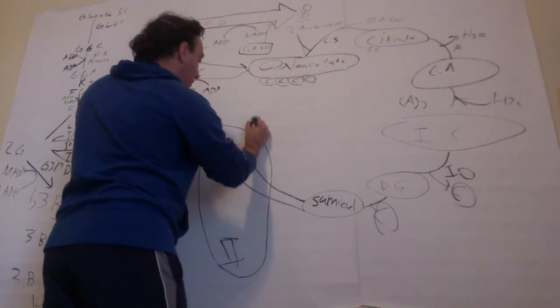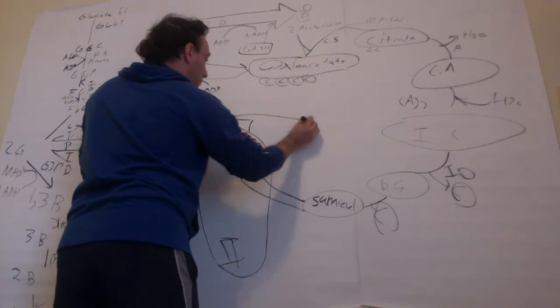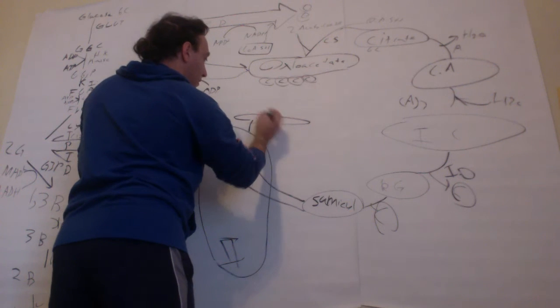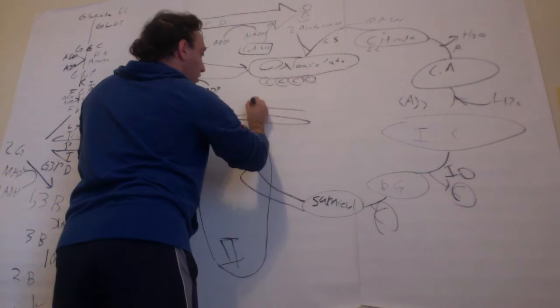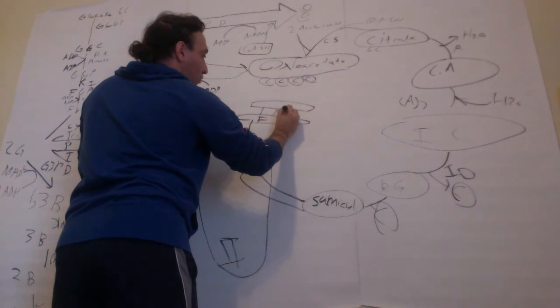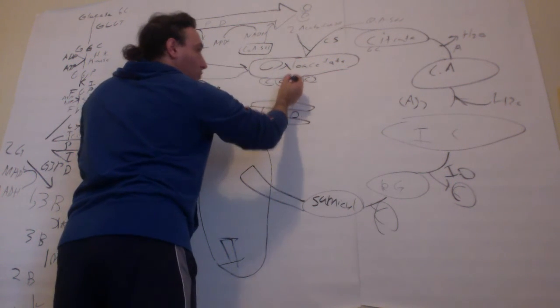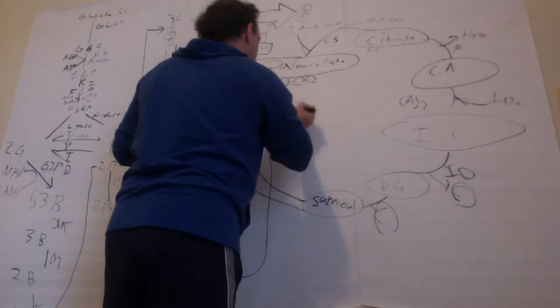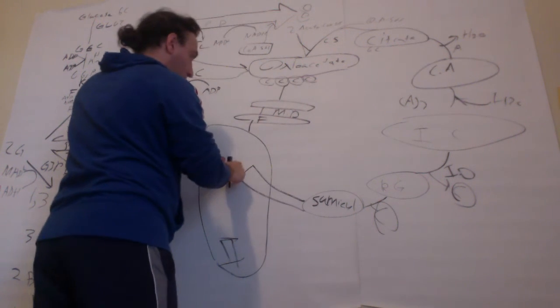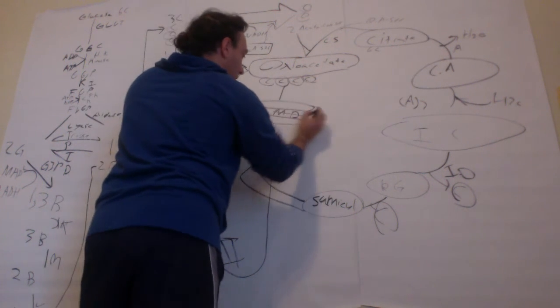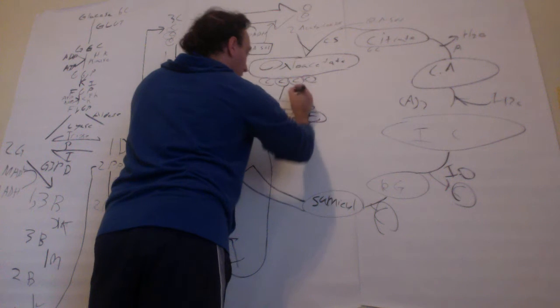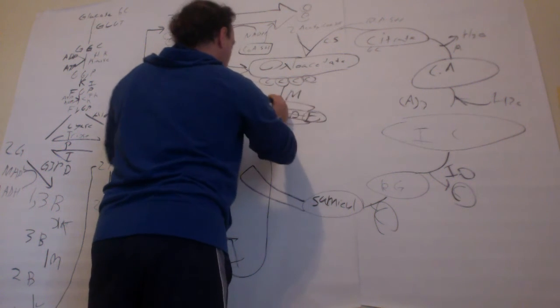So then from here, you're going to reach fumarate, and then malate dehydrogenase, and then you're going to get into the oxaloacetate, which right there, you got the succinate, you got the fumarate enzyme, and then you have the malate.